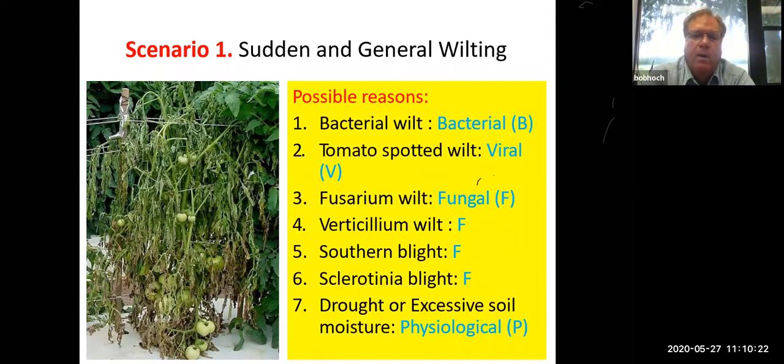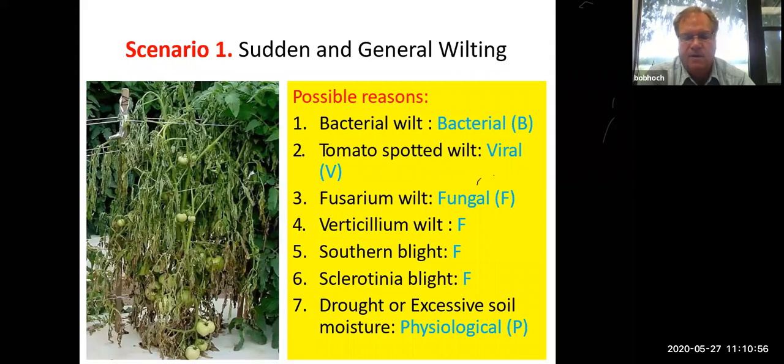So when I go into this situation, the first thing that I want to look for is to make sure that there's not something obvious like things have gotten dry or a recent flooding, something like that. So point number 7 here on the possible reasons is going to be the first thing that I'm going to investigate, to make sure that the plants themselves are getting enough moisture. And oftentimes in situations where there's not enough moisture or general flooding, you're going to have more than plant number 2 and plant number 17 that are going to show that symptom.